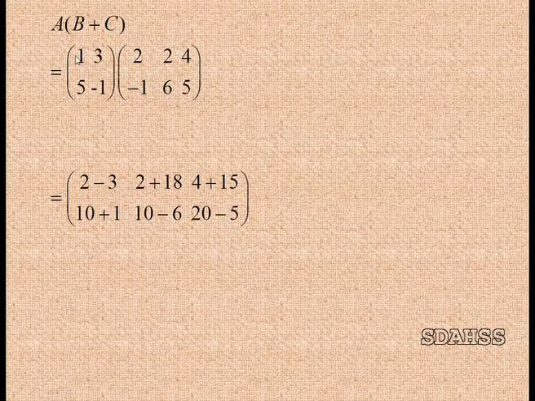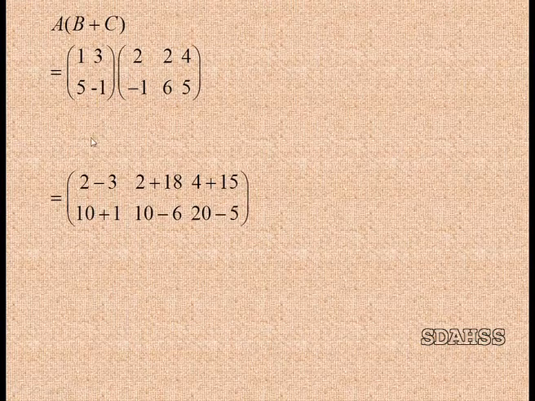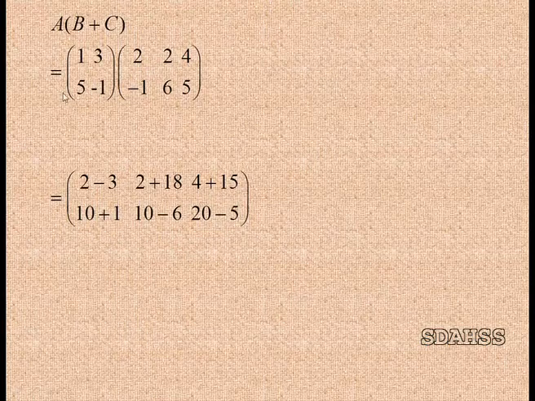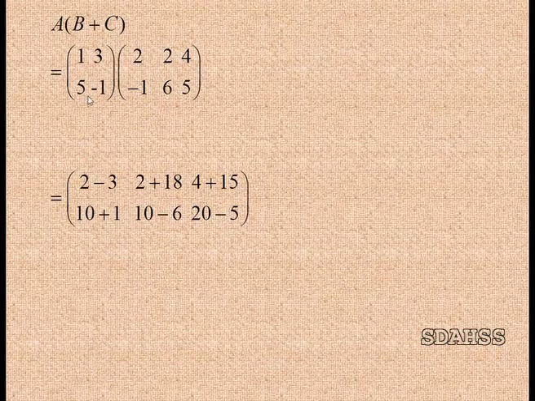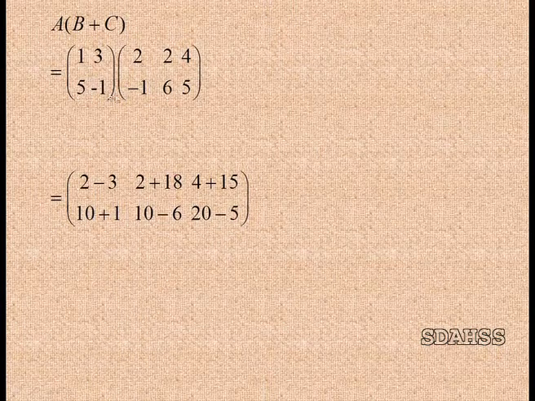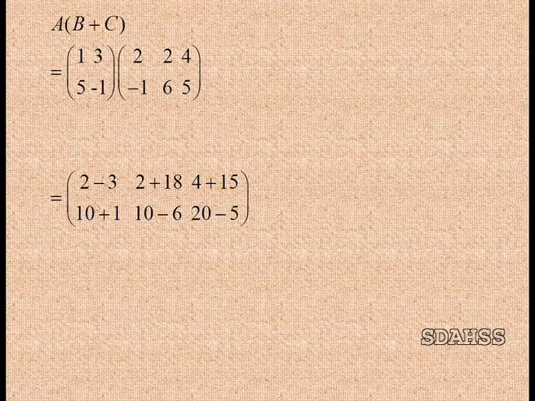Then you will get 1 into 2, 2, 3 into minus 1, minus 3. Then multiply second row and first column. Then you have 5 2s are 10, minus into minus, plus 1 into 1, 1.